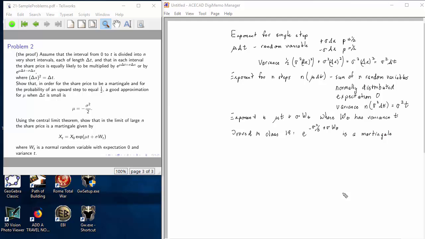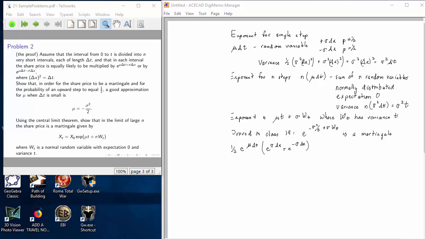So I still have to prove that mu equals minus sigma squared over 2. I'm getting a bit tired doing this calculation, so I'll do it quickly. Probability is going to be 1/2 for an upward step or for a downward step. So I will have 1/2 times e to the mu delta t times e to the sigma delta x plus e to the minus sigma delta x.